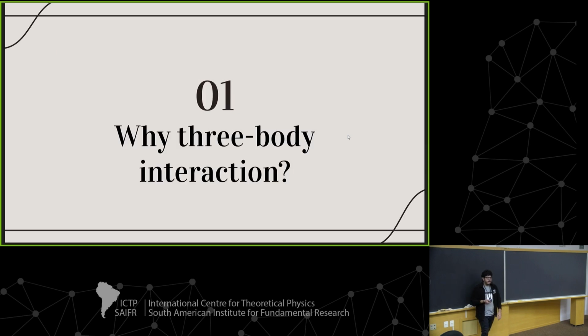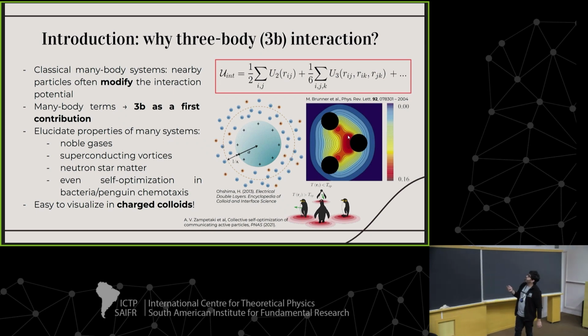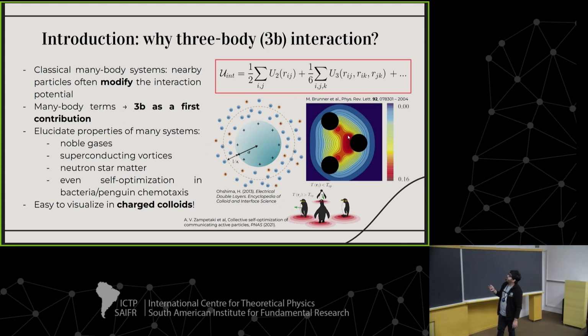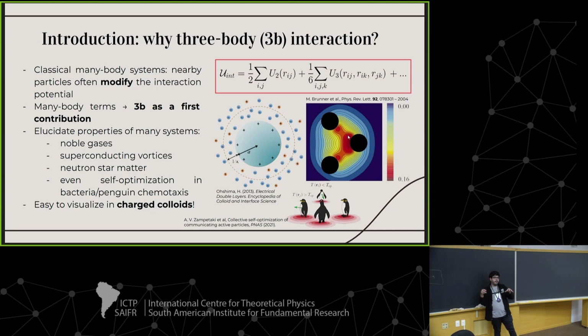So you may think about three-body interaction, you may recall the three-body problem, but we're actually talking about a correction we can insert in the system. For classical many-body systems, usually nearby particles which are interacting with each other can modify the interaction potential.